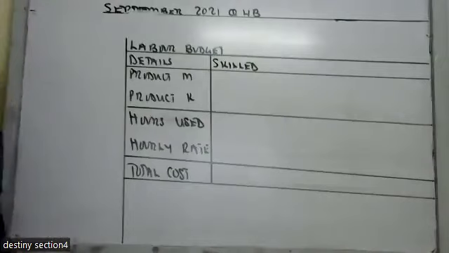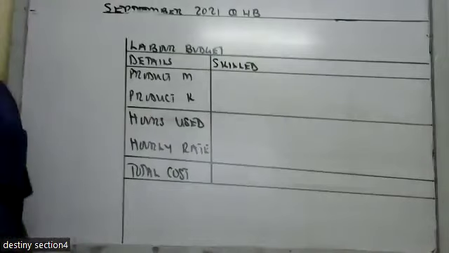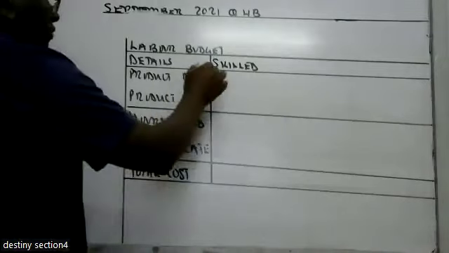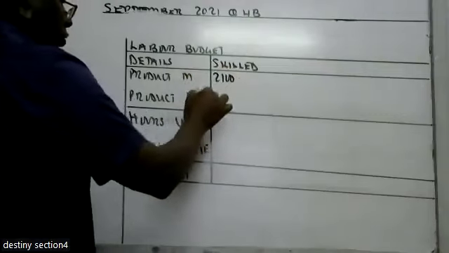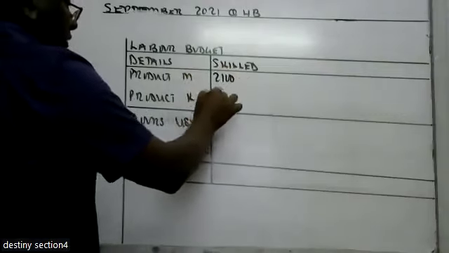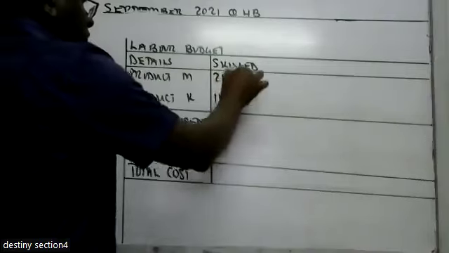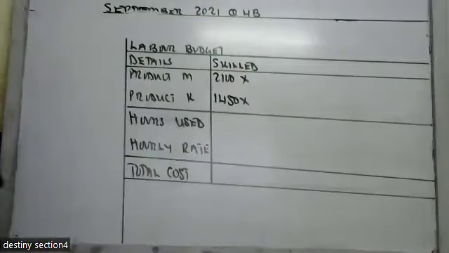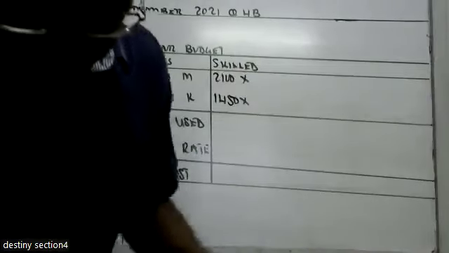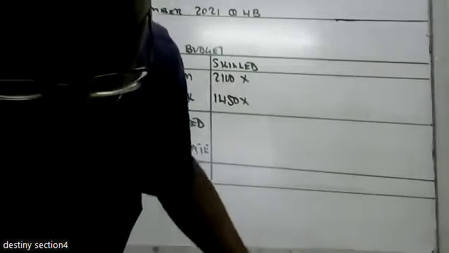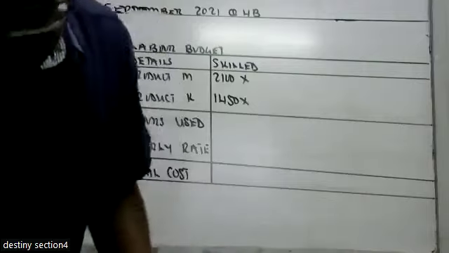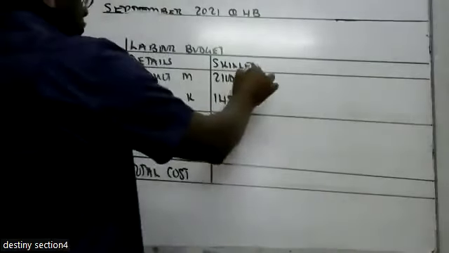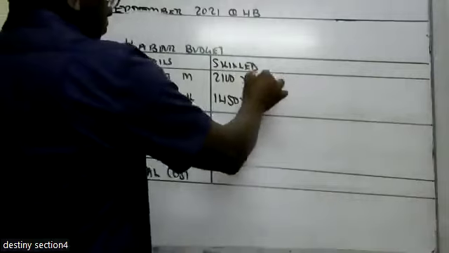So sasa product M tulisema tunatengeneza ni 2150. 2100. Na K ndio tulisema tunatengeneza 1450. Sasa unaenda kwa riba M kwa skilled inahitaji 4 hours na K inahitaji 2. So this one times 4 and here times 2.